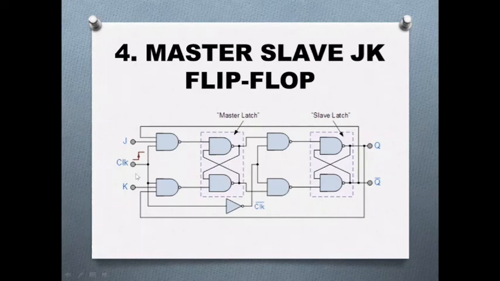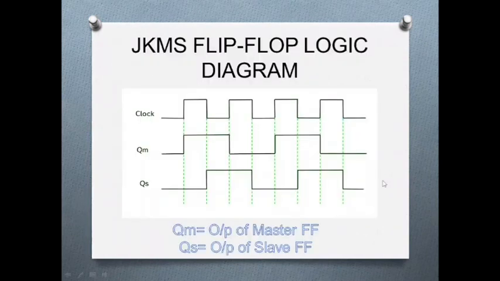In the master flip-flop, a normal clock is used, but in the slave flip-flop, an inverted clock is used with the help of an inverter, that is the NOT gate. This is the graph of the JK master slave flip-flop. Here QM is the output of master flip-flop and QS is the output of slave flip-flop.